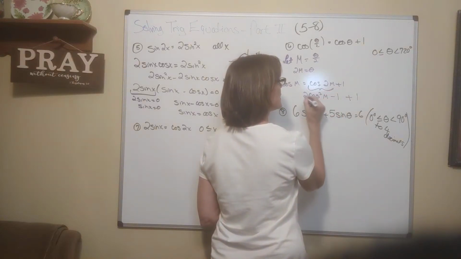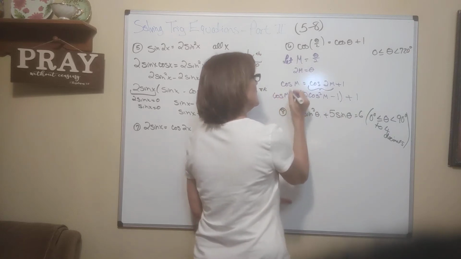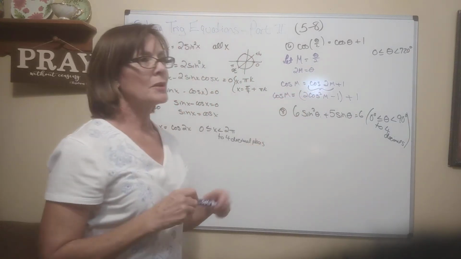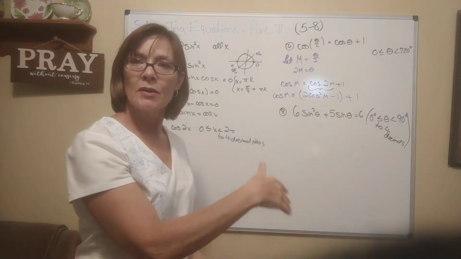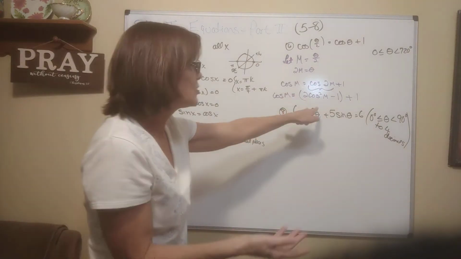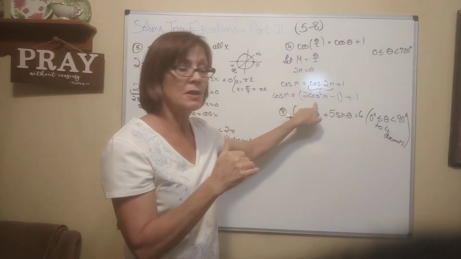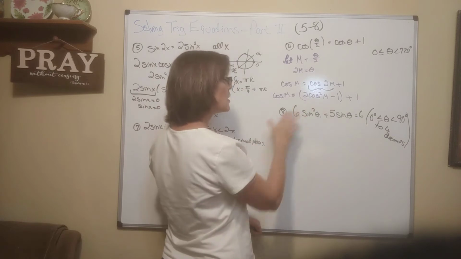So this part is the substitution. I didn't really want to use the 1 minus 2 sine squared of x because that is true, but it didn't help me because I wanted everything in terms of cosine. So this is the one I want to use.